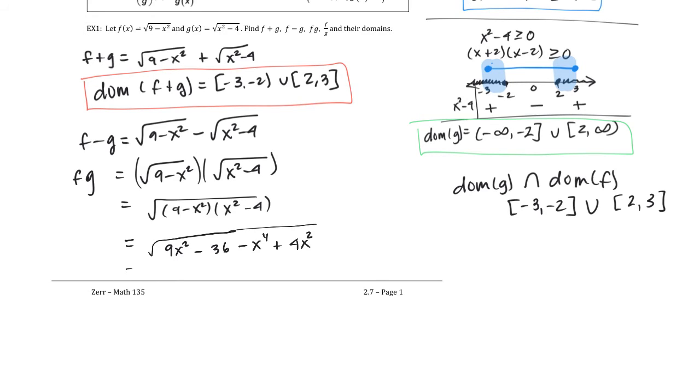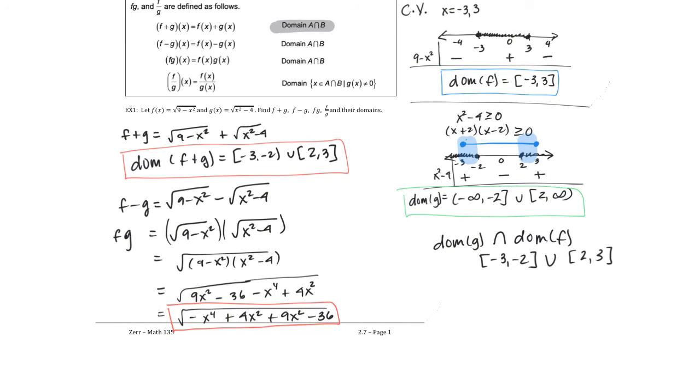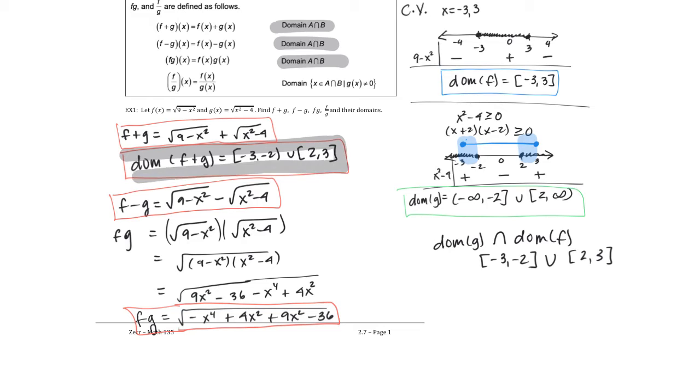And just putting that in order, negative x to the 4th plus 4x squared plus 9x squared minus 36. Okay, and the domain is the same for all of these. We've got our domain for all of those.